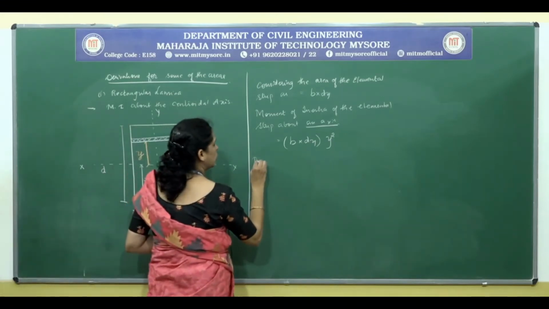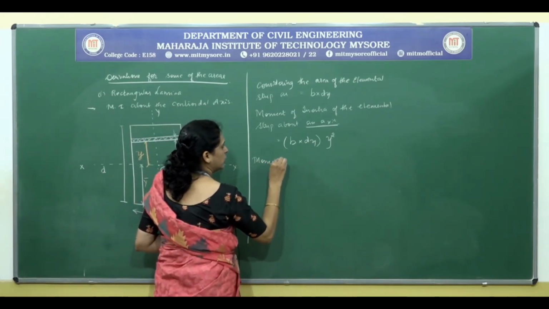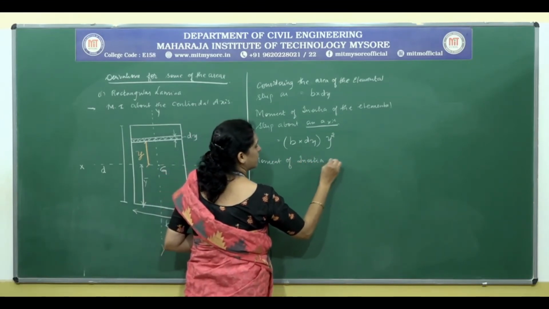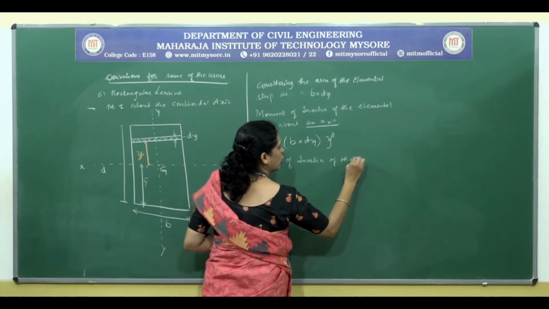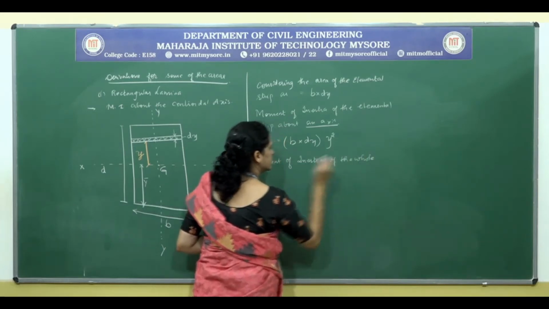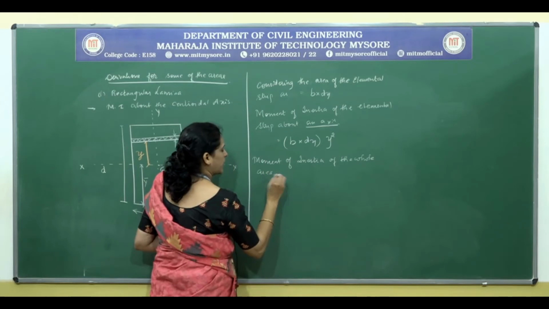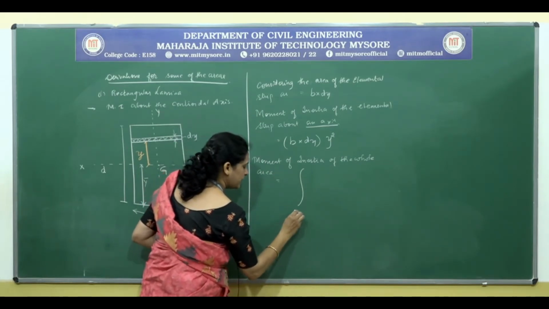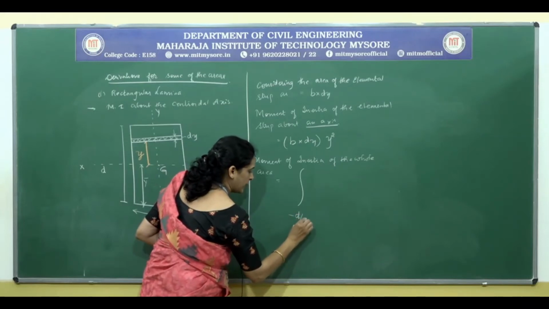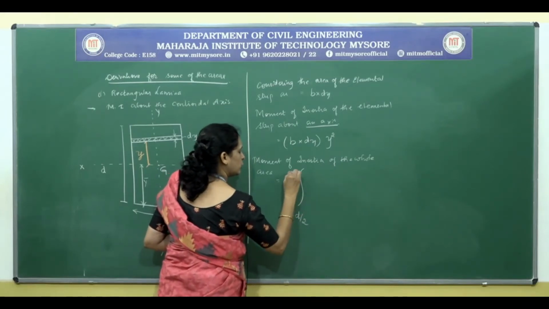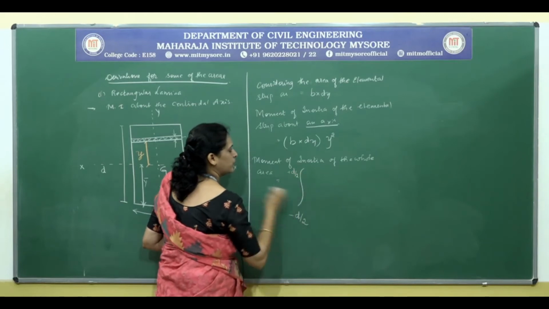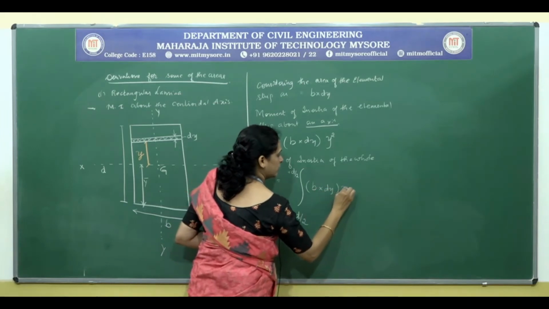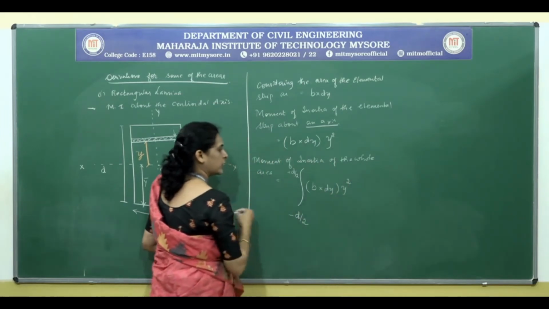Now, the moment of inertia of the whole area is equal to, since it is the whole area, the integral from minus d by 2 to plus d by 2 of b dy into y square.